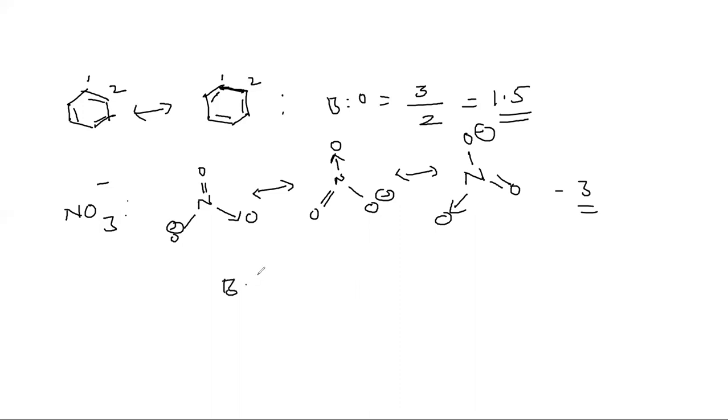The bond order is between nitrogen and oxygen. Let me take this one: 2, 3, 4. That is, the bond order is 4 by 3, which is 1.33. So like this, we can calculate the bond order.